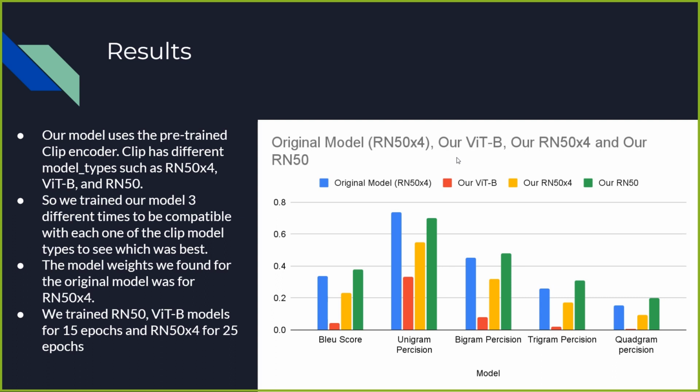The model weights were for the ResNet 50x4 from the paper. We compared these results with our ViT-B, our ResNet 50x4 and our ResNet 50 models. And for reference, we trained the ResNet 50 and ViT-B models for 15 epochs and trained the ResNet 50x4 for 25 epochs.